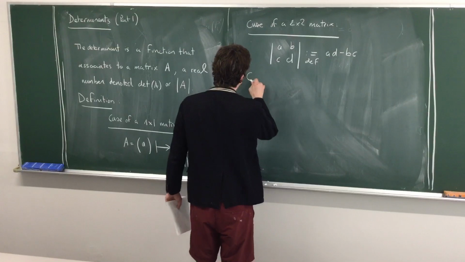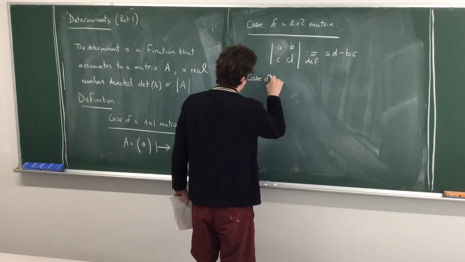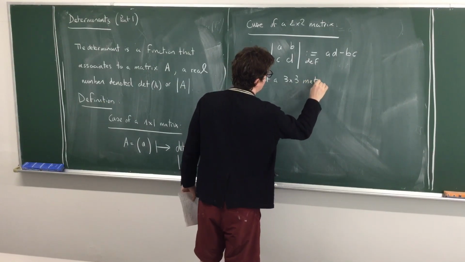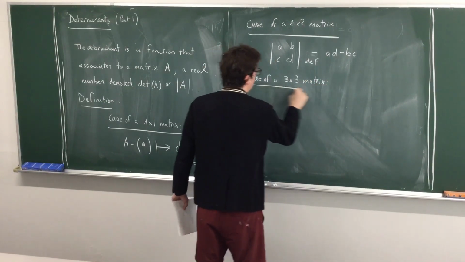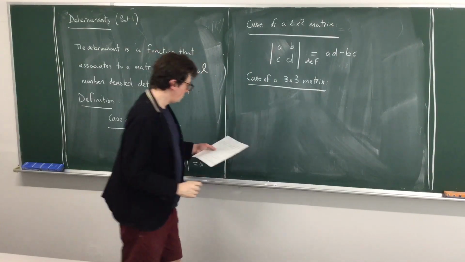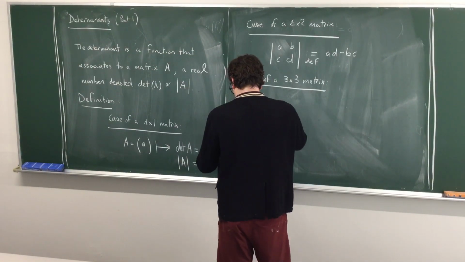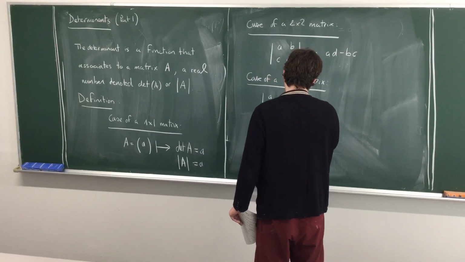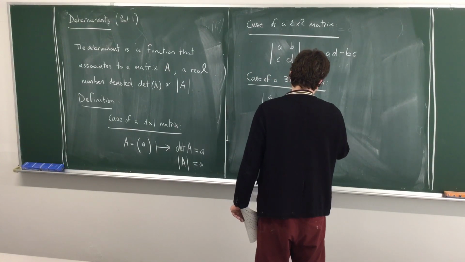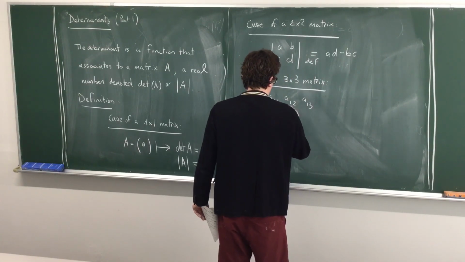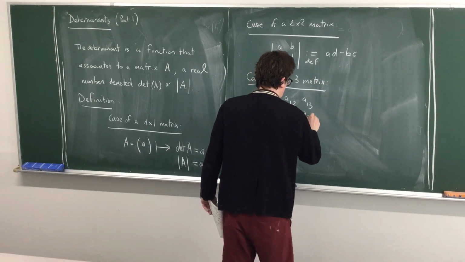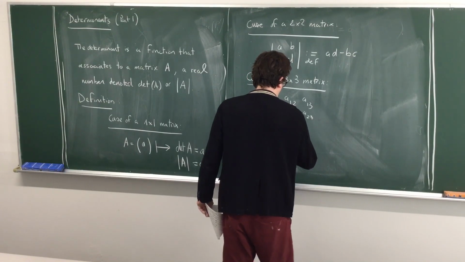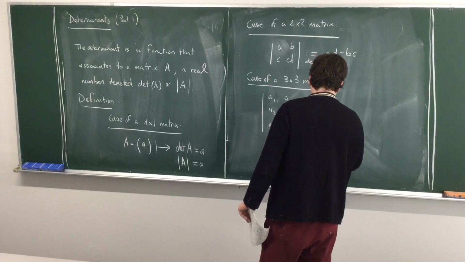Finally, what do we do in the case of a 3 by 3 matrix? Okay, so here it's a little more difficult to remember. So we have a matrix with entries A11, A12, A13, A21, A22, A23, A31, A32, A33.